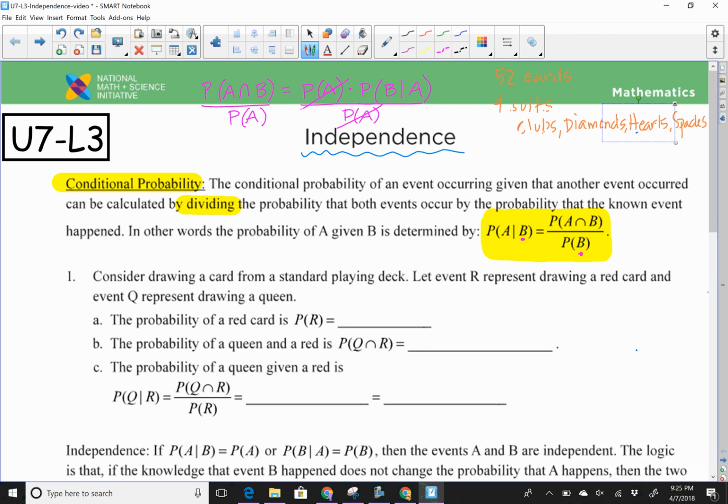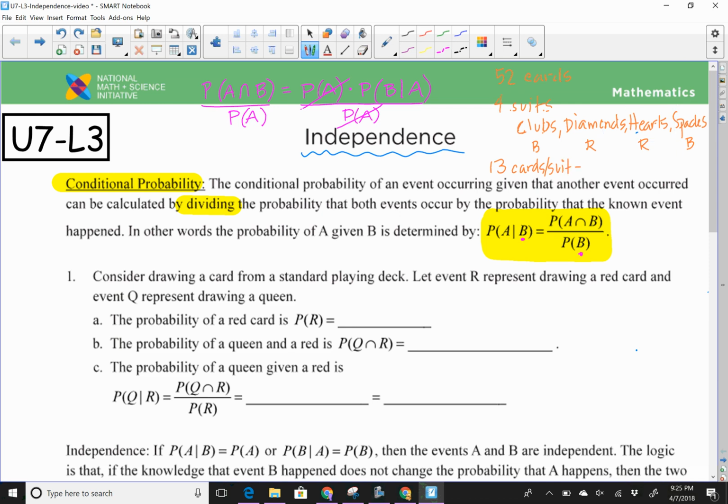Clubs, diamonds, hearts, and spades. Clubs are black, diamonds are red, hearts are red, and spades are black. So basically, when you have a deck of cards, you have 2 different colors, red or black. You have 4 different suits, and 52 divided by 4 means you have 13 cards in each suit.